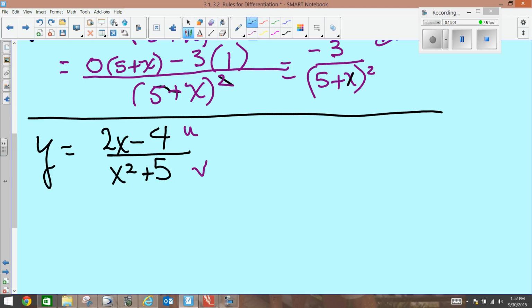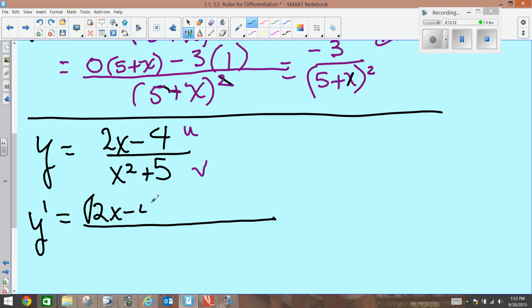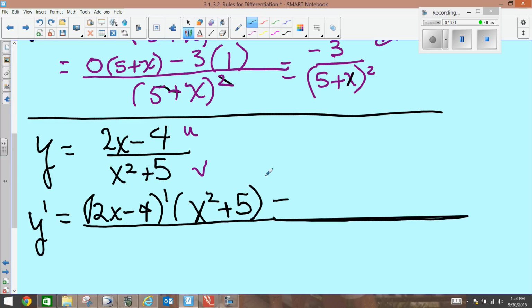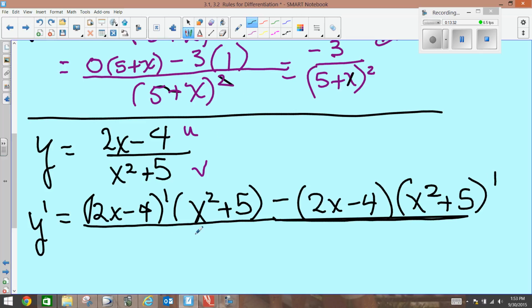Okay, so y prime equals the derivative of the top times the bottom, minus the top, leave it alone, times the derivative of the bottom, over the bottom squared.